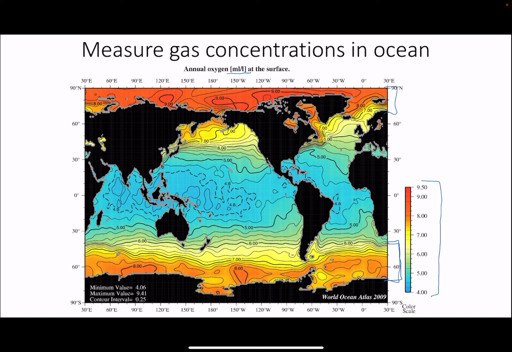And so the atmospheric concentration of oxygen doesn't really vary, right? It's pretty much always the same, 0.21 atmospheres. But this colder water is able to hold a lot more of that gas. And so you end up with much higher concentrations where the waters are colder than you do in the subtropics and tropics.